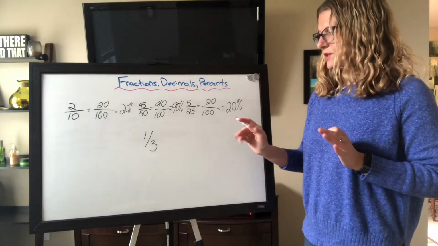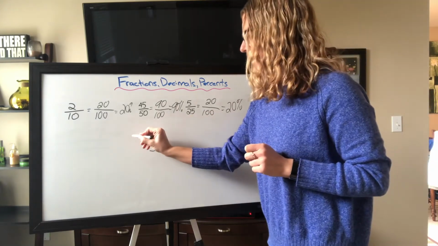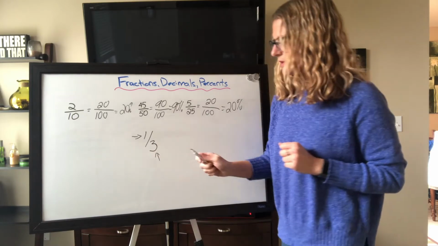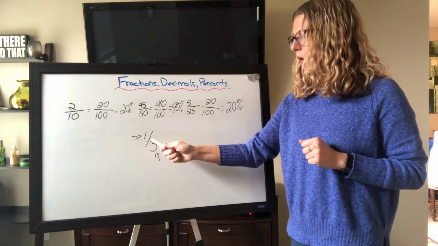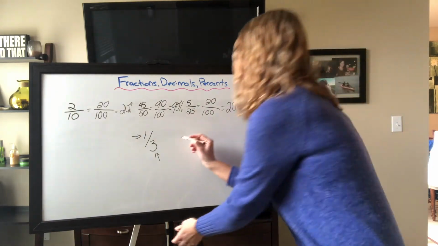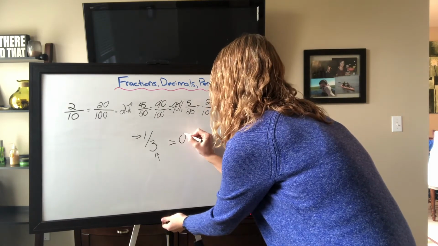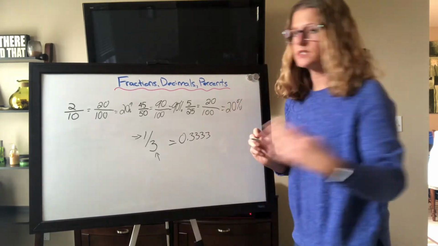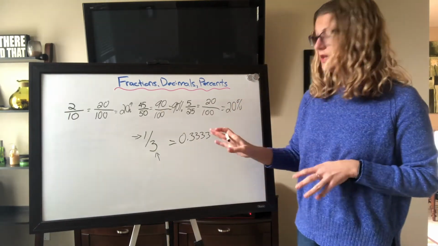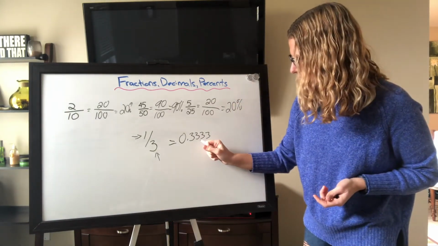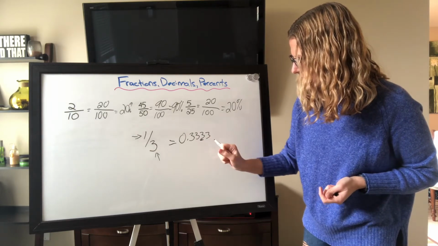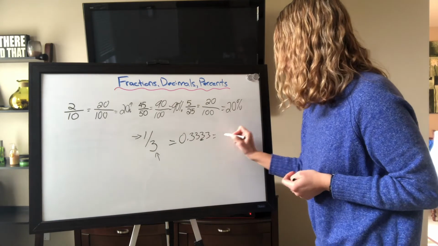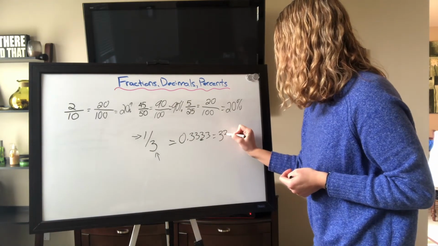All you have to do is divide the numerator by the denominator. So in this case, I would divide 1 by 3, which equals 0.3333, and so on and so on. So I would round that. I'm going to look at this number here, and it's less than 5. So this would be 33%.